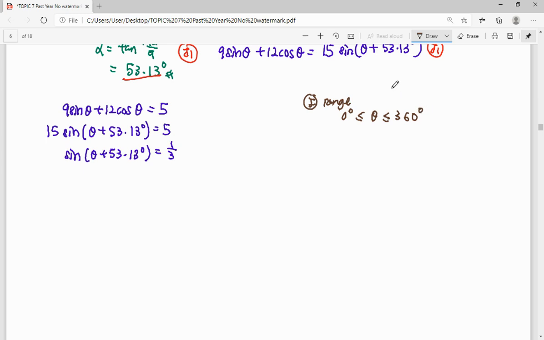So as our question situation now is not only theta, it is theta plus 53.13. So it will add up, the theta add up with 53.13. So the same goes to 360 here.